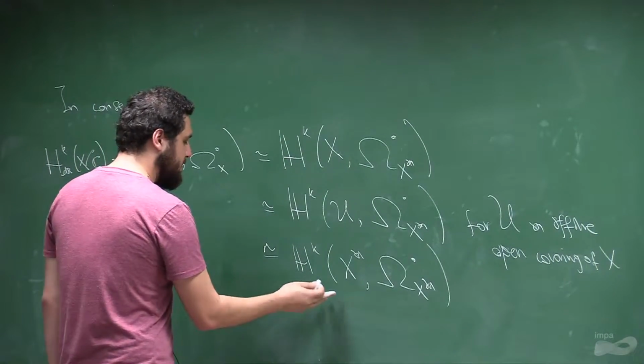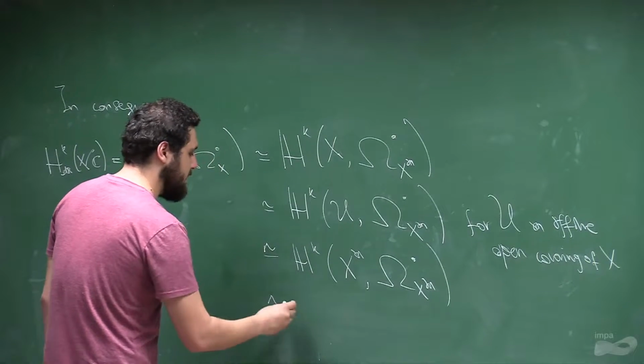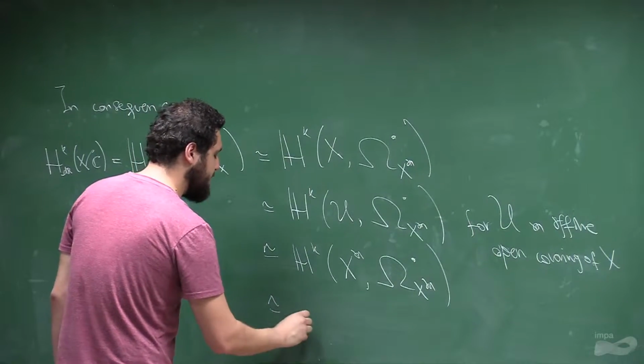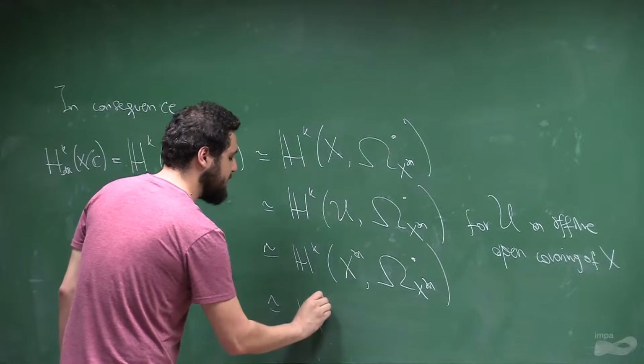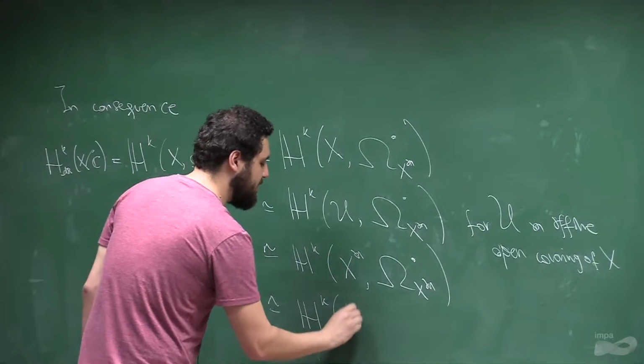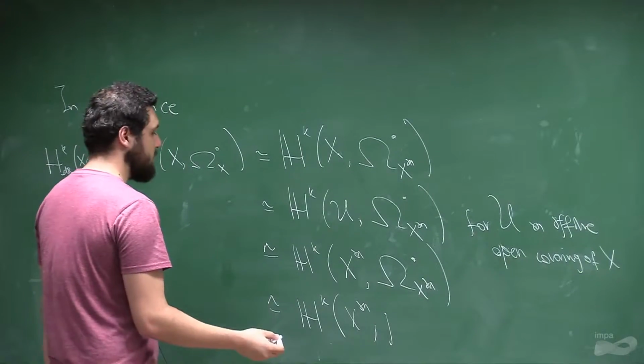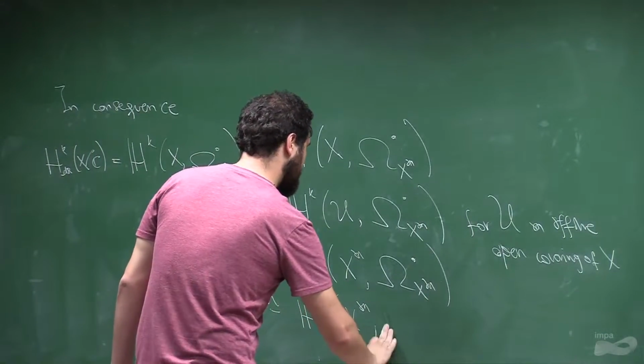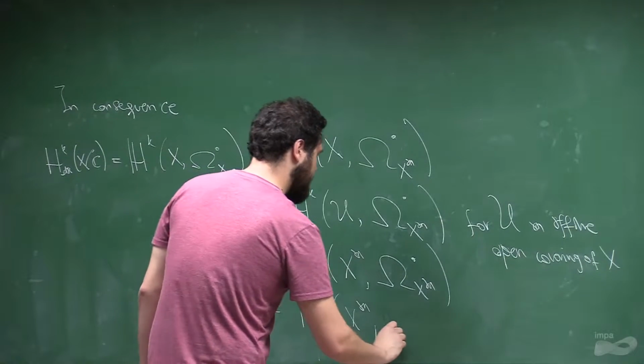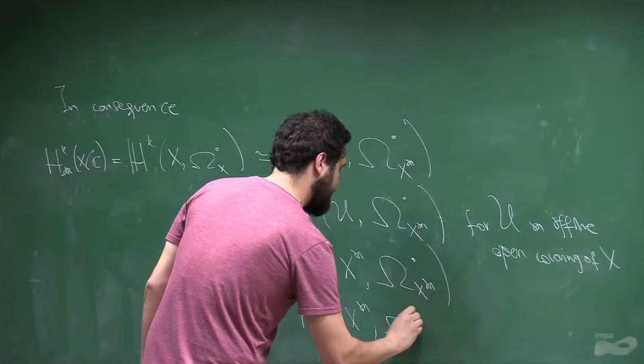And we already saw that this is quasi-isomorphic over the analytic topology to this shift, right?